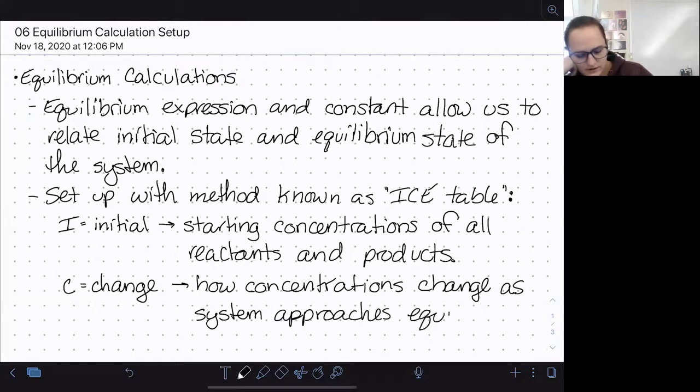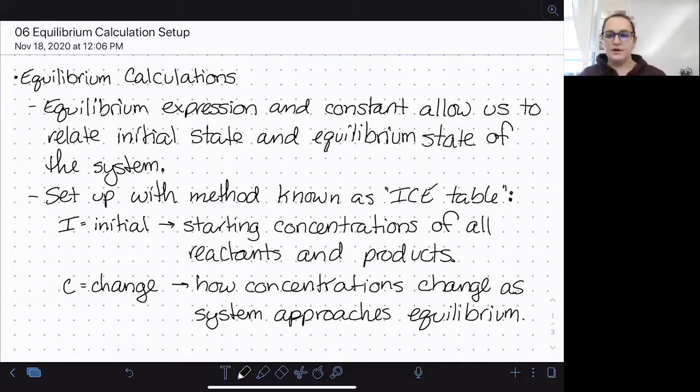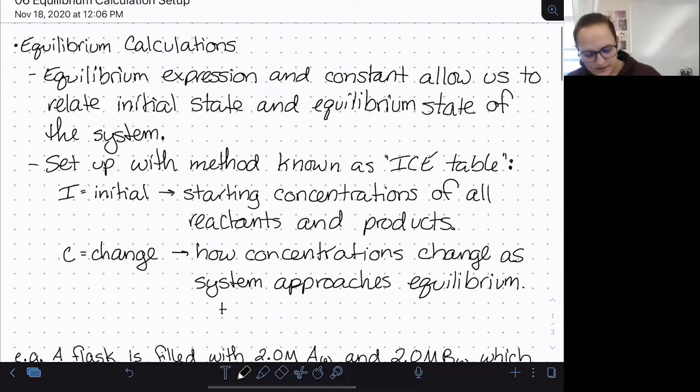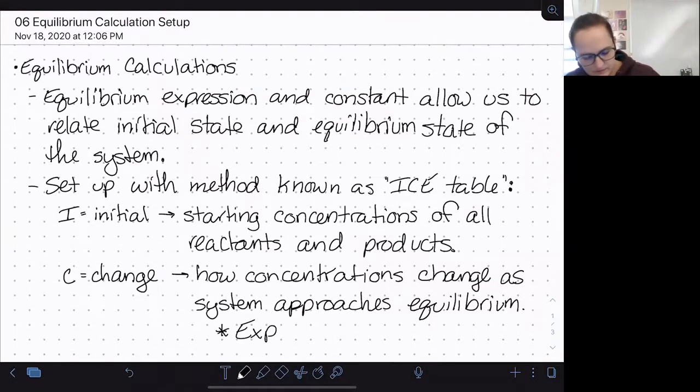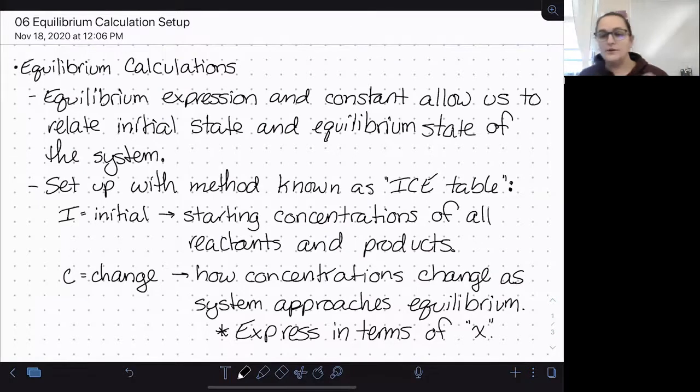And when we're dealing with reversible reactions, we don't usually know how much the concentration is going to change. So we express this in terms of X. So X is our unknown concentration change.